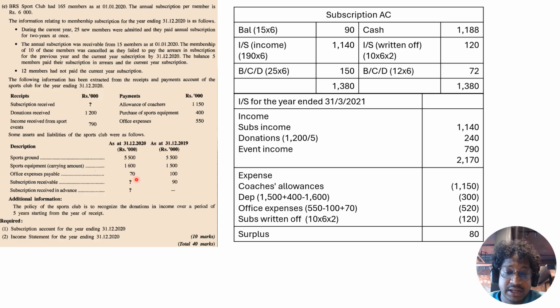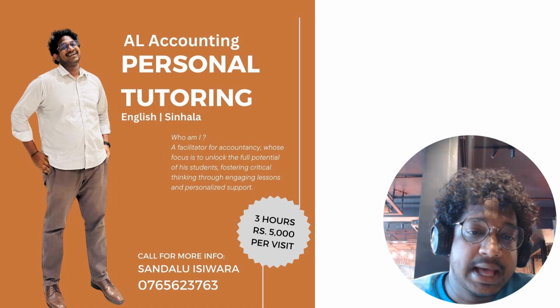So which means you paid for this year in cash 450 and there is still 70 payable. So the total office expenses that you should identify in your income statement is 530. Right? So that's how you identify incomes and expenses, and then you can get the surplus. So that is how you answer the question that comes in the 2021 paper regarding non-profit organizations.